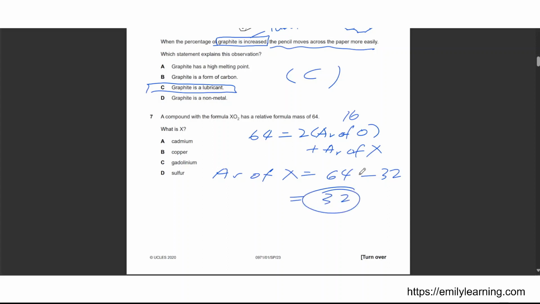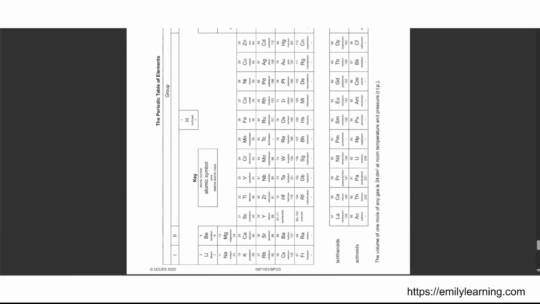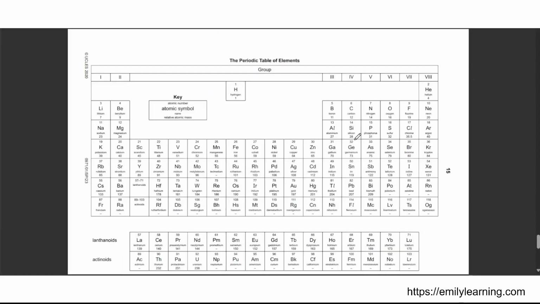Now I need to go back to the periodic table again and look for something that has a relative atomic mass of 32. So to look for 32 is germanium. The relative atomic mass is the number at the bottom. So let's look for 32 at the bottom, which is sulfur. So therefore, X is sulfur.